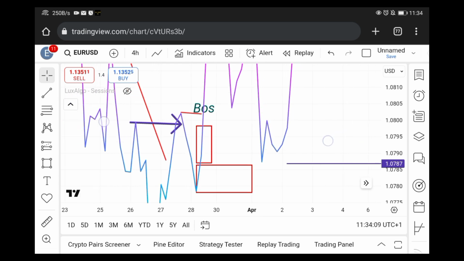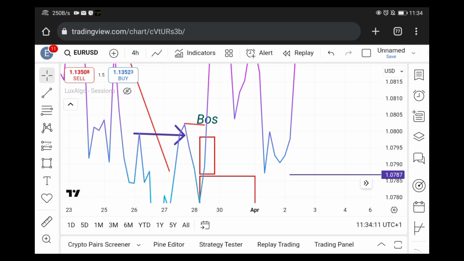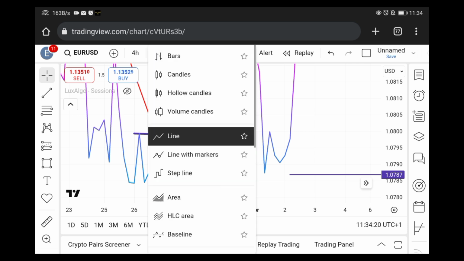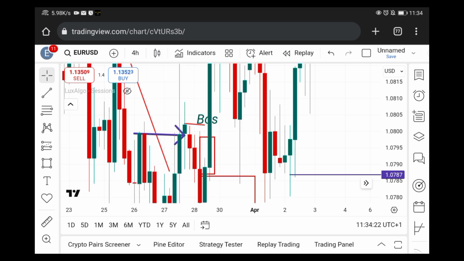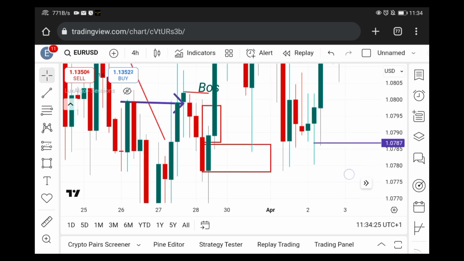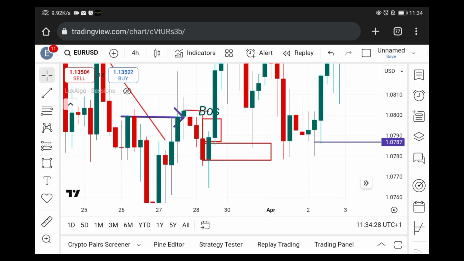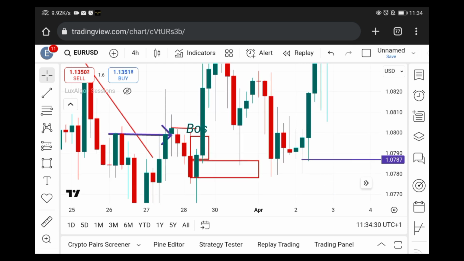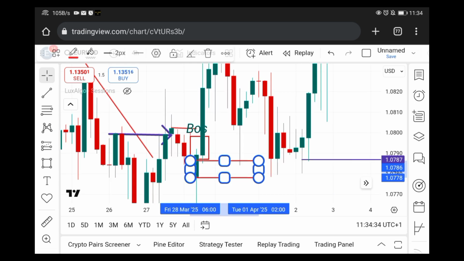It is for you to see if there is an imbalance at this zone, so that you will not make a mistake. So you turn your candle to a normal candle to see if there is an imbalance around that zone, which happens to be your choke. If there is no imbalance, you allow it to go. So here was the zone that you marked.